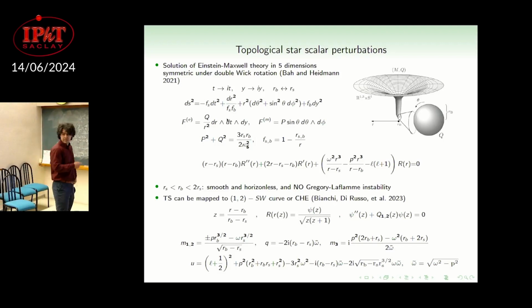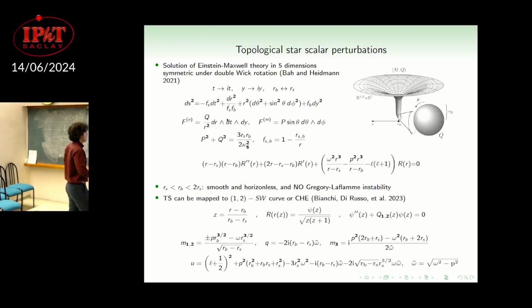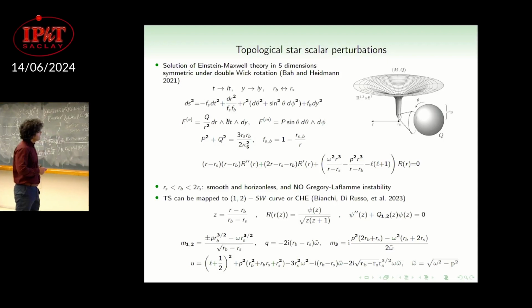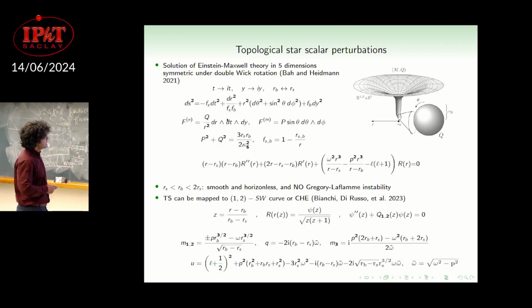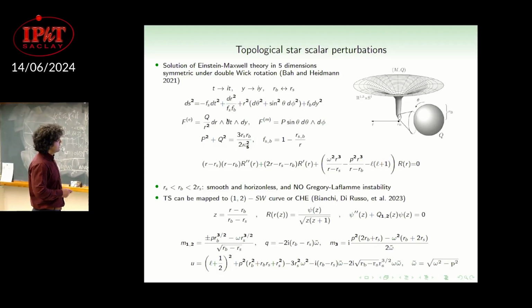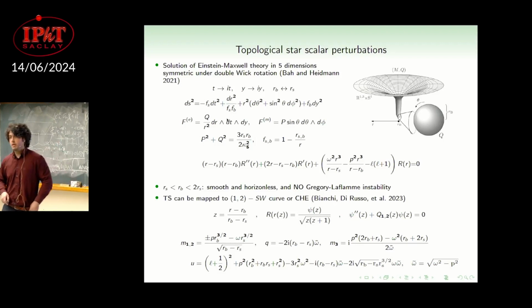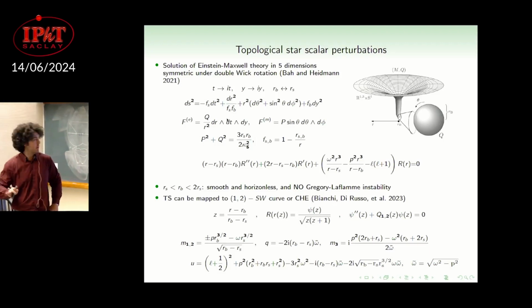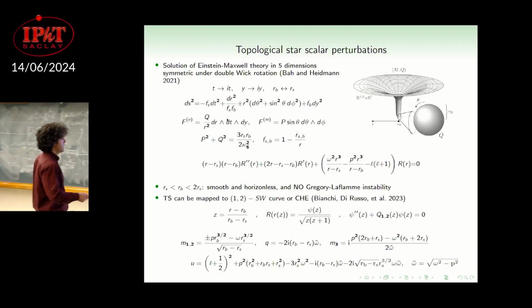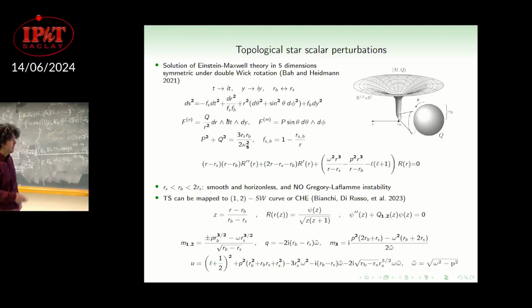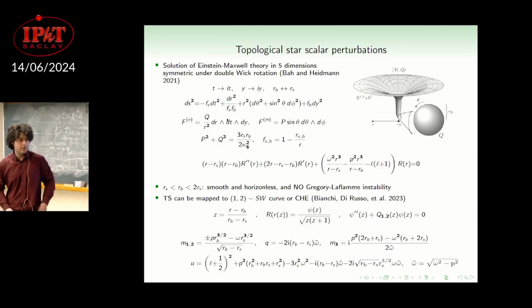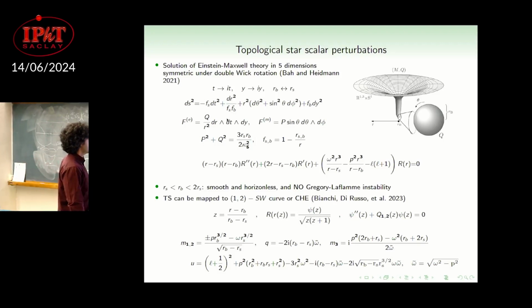They call it a black string, because it can be mapped to a black string. And actually this range of the parameters is good for having a smooth horizonless solution. And R_B smaller than 2R_S means no Gregory-Laflamme instability. But I will be more precise in the next slides, where I will talk about this instability in this context.